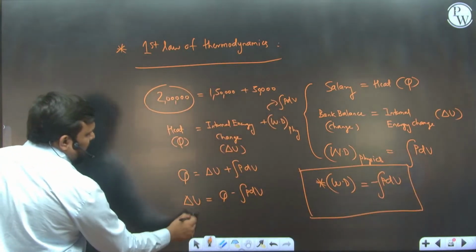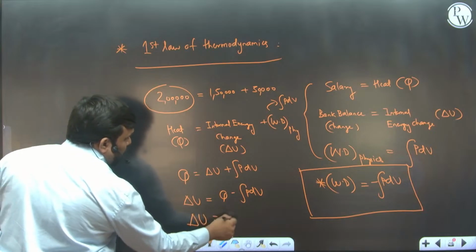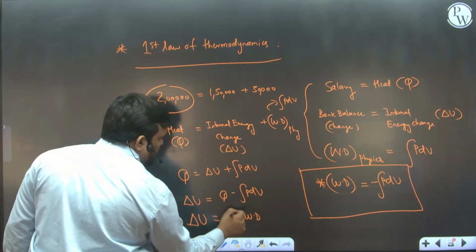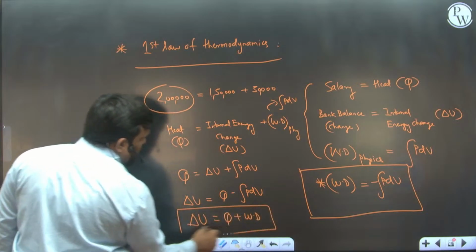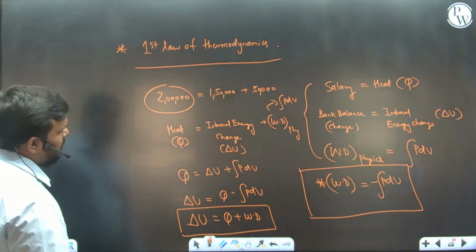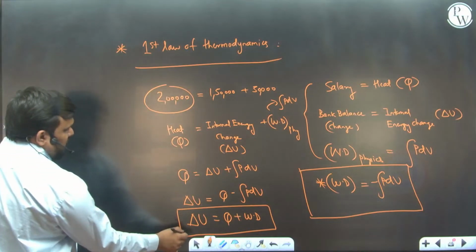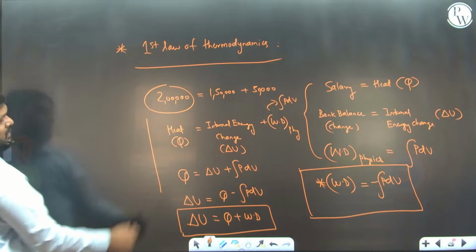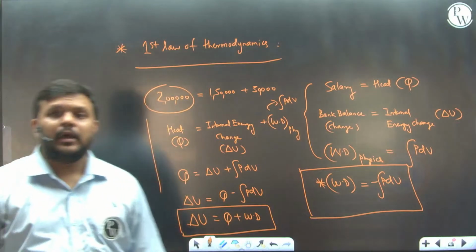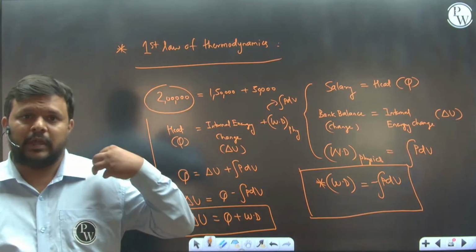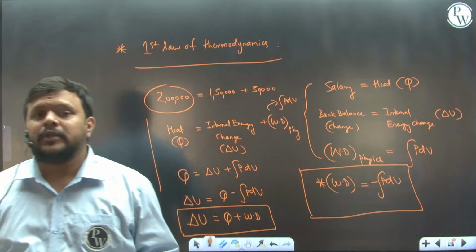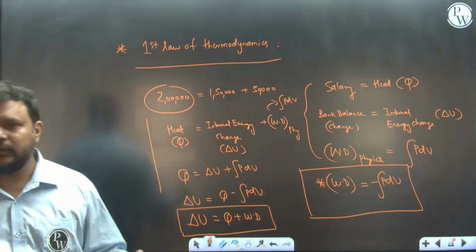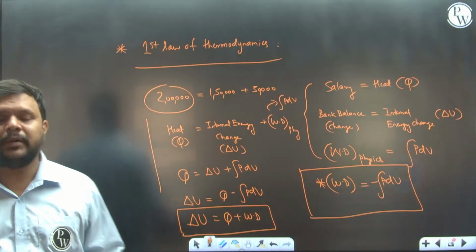So we get delta U is equal to Q plus work done. This is the first law equation that we get in chemistry: internal energy change is equal to Q plus work done. This way I derived this equation and compared it with day-to-day life, so that if by chance you forget it, you can recall it with this example.